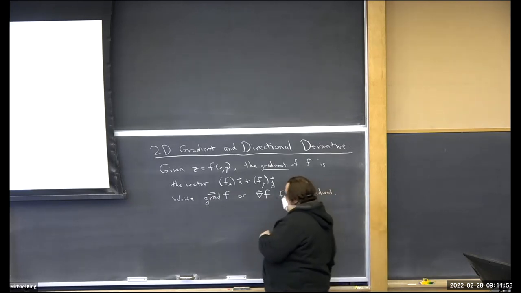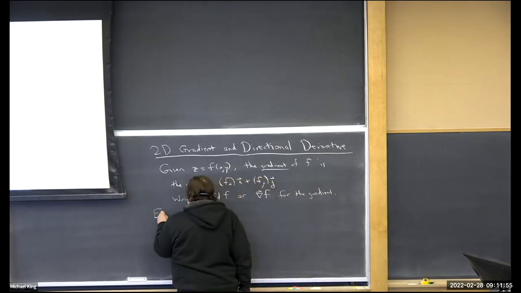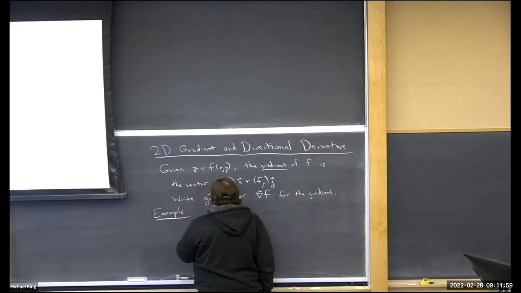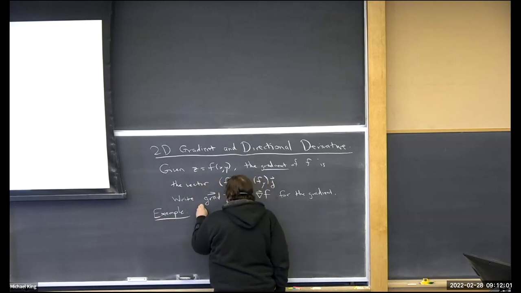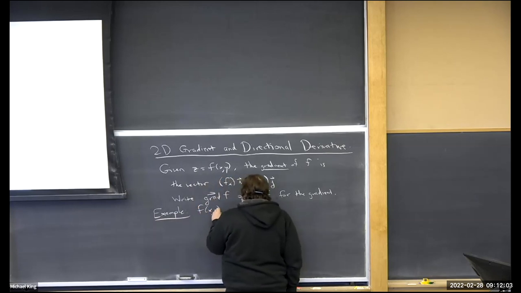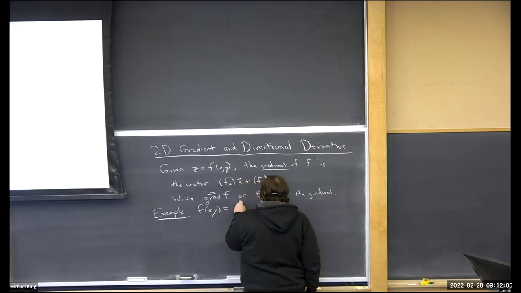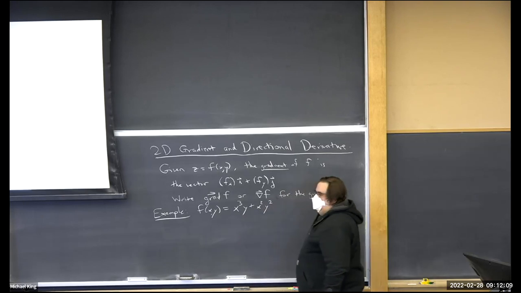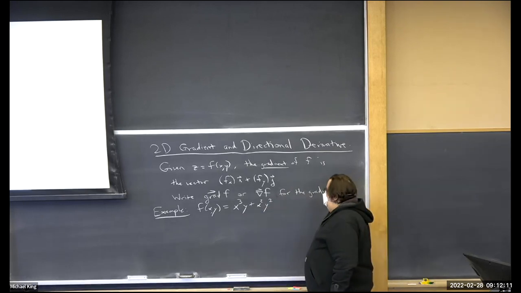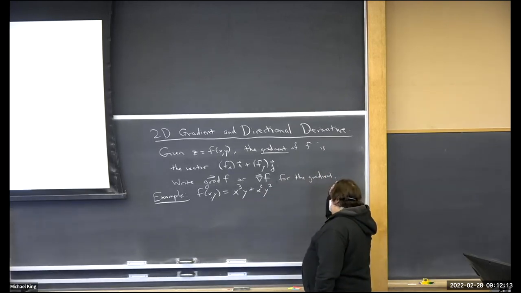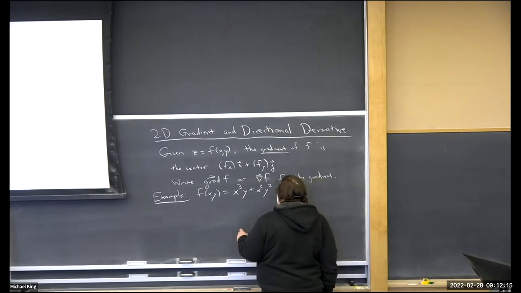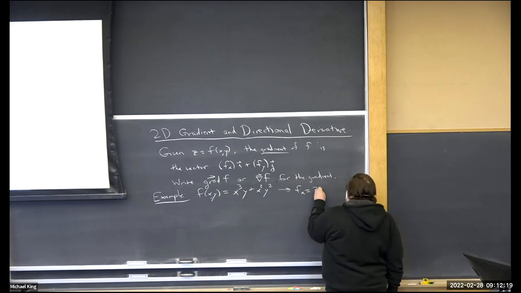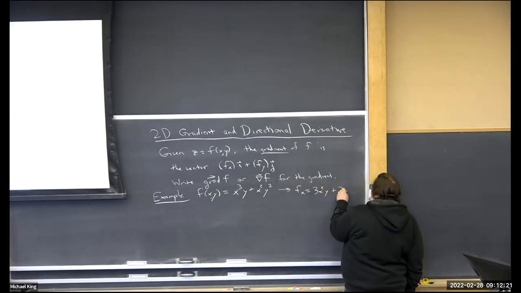And so just as an example, this is no harder than computing partials. f of x, y is x cubed y plus x squared y squared, right? Then the partial x is 3x squared y plus 2xy squared.